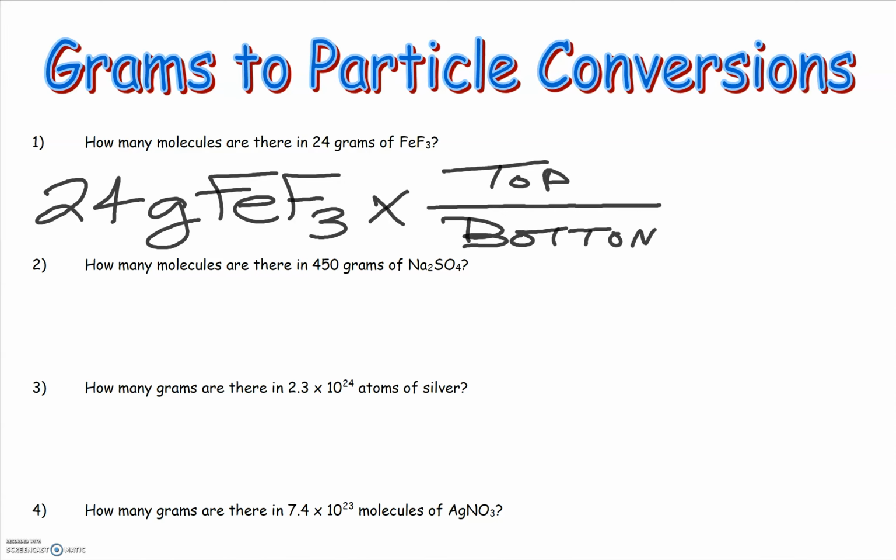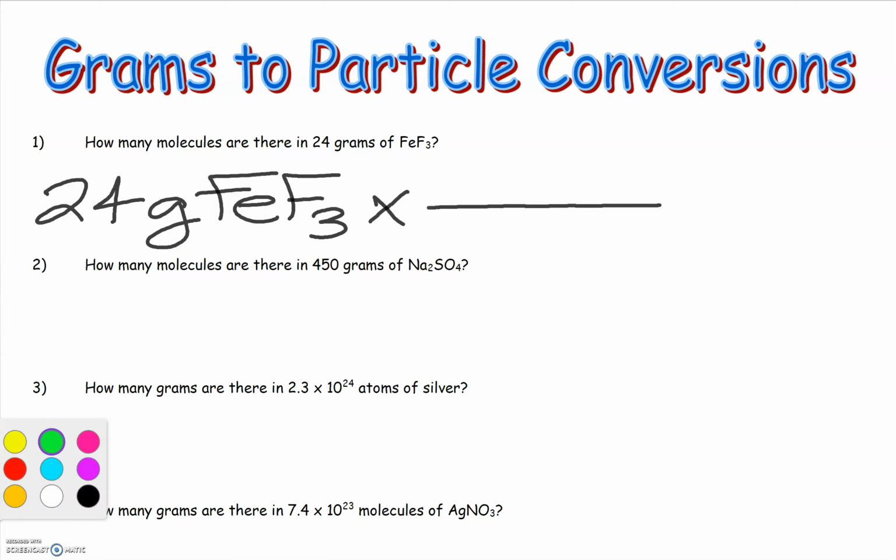And so it's really simple to do conversions. If you have a unit and you're trying to convert it, that means you don't want the unit, or you wouldn't be doing a conversion. So we have grams. We don't want grams. We want to get rid of them. So whatever unit is in the first thing you write down, that unit is going to be the one we're going to get rid of.